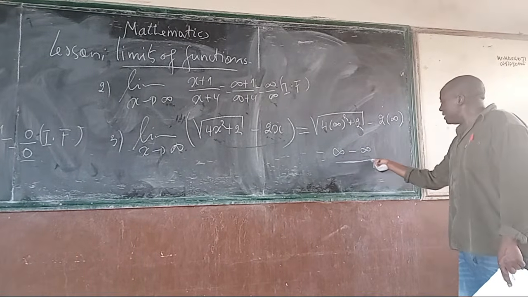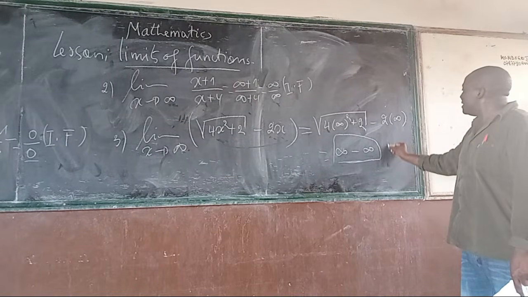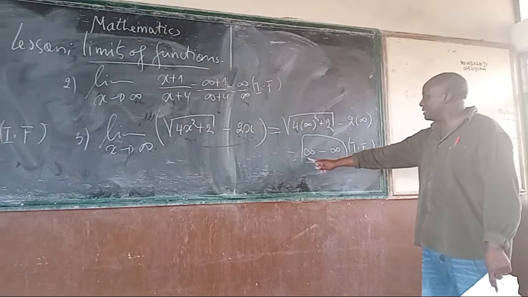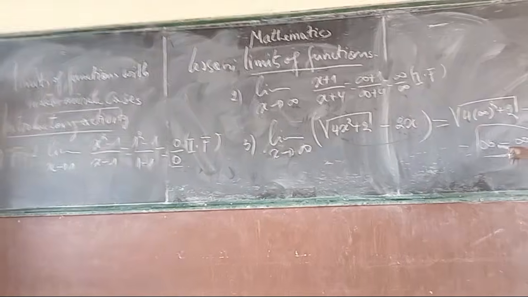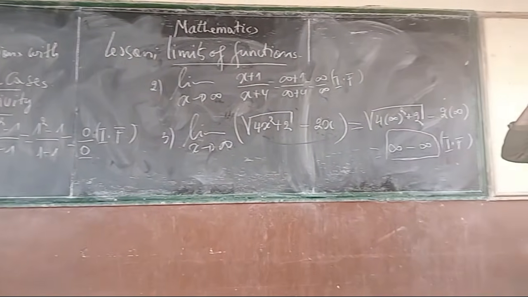Again, this infinity minus infinity is what you call an indeterminate form. This operation in mathematics, infinity minus infinity, cannot have a meaning.